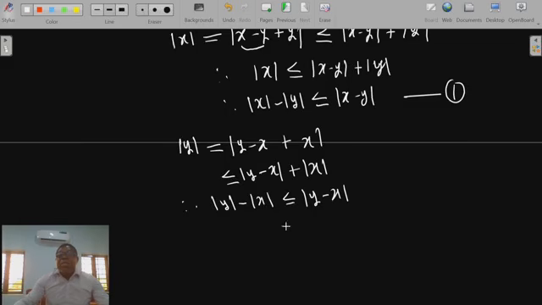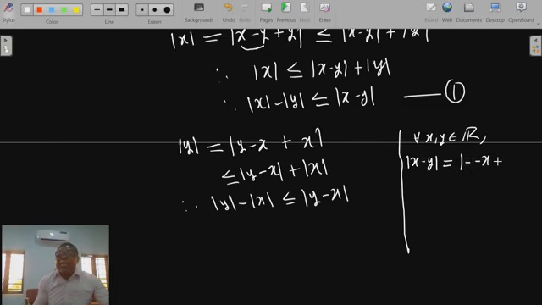But we must do something here. Let me put aside here. I didn't want it to obscure what we are doing, but it's true. We should note the following, that for any x, y we pick in R, absolute value of x minus y is the same thing as absolute value of minus x plus minus y.